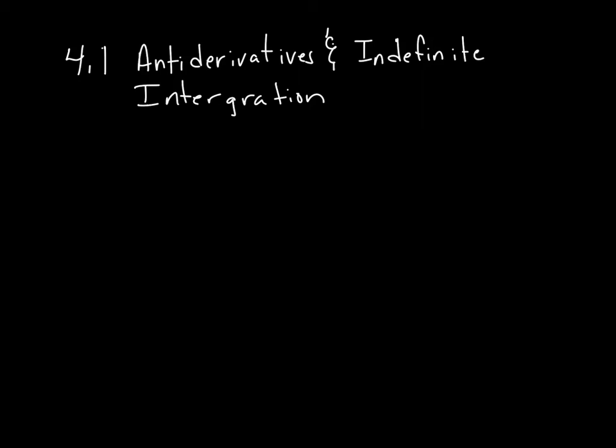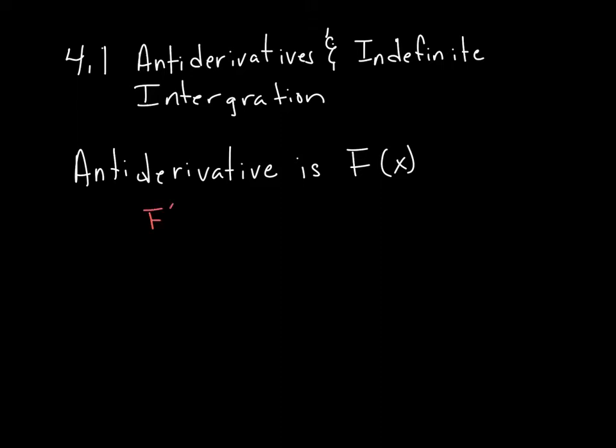Okay, so to go ahead and start with, let's talk about what the antiderivative is. Our antiderivative is capital F of x. And we're going to make this definition, the same definition as in our textbook, as long as capital F prime of x is equal to small f of x.